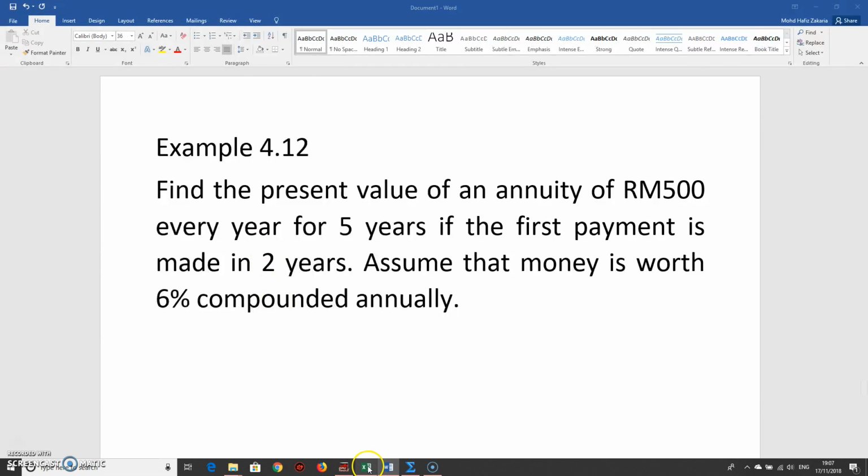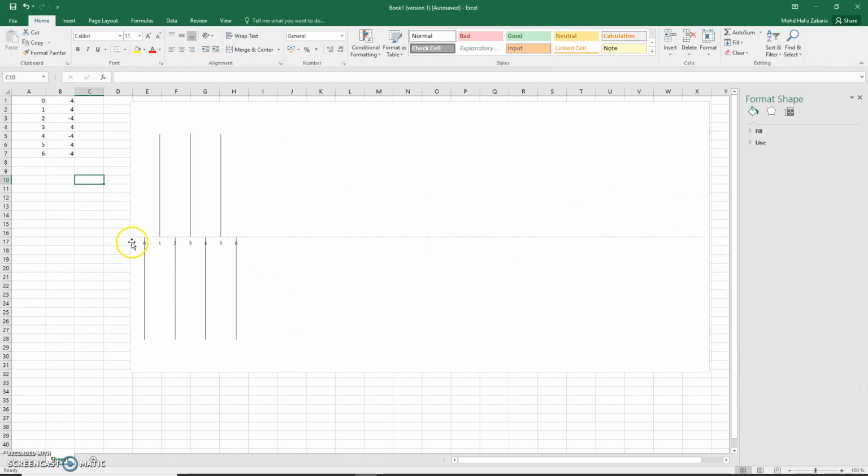So let's look at it in a timeline. Basically we have 6 years, and the first payment is actually being made at the second year, right? After the second year, 500, 500, 500, 500 and 500.